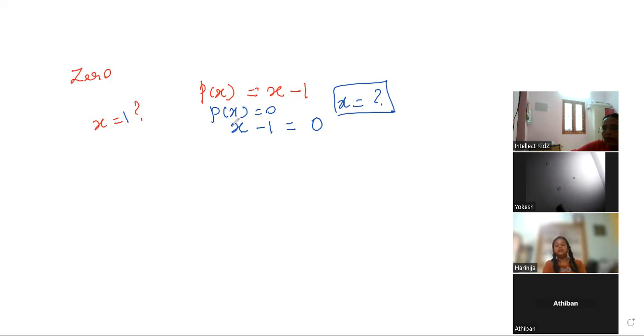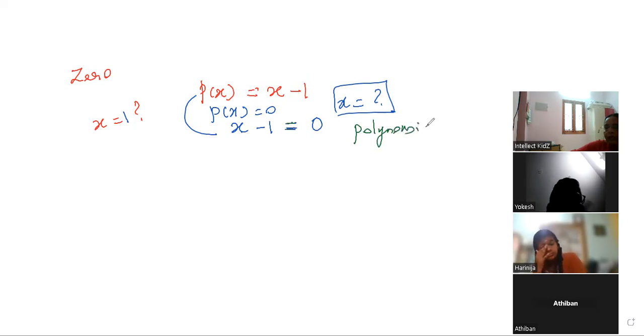So I can equate this p of x to 0. இப்போ வந்து this polynomial expression now becomes a polynomial equation. என்ன நடுவுல என்ன சைன் வருது? Equal to sign. Now the polynomial expression, this one is a polynomial expression. Now that becomes a polynomial equation to find its zero.